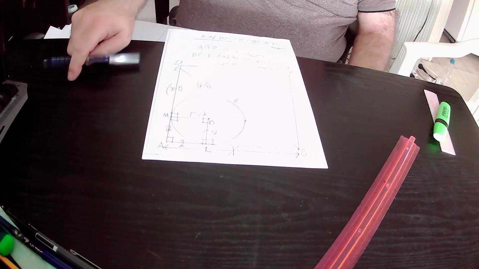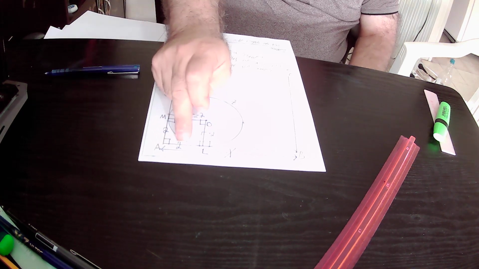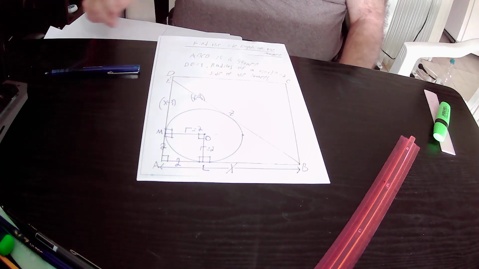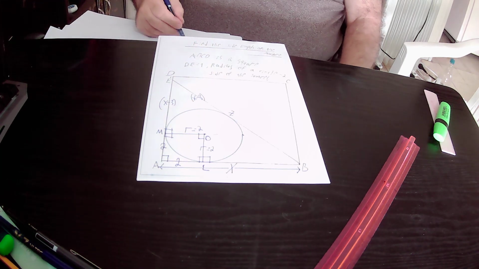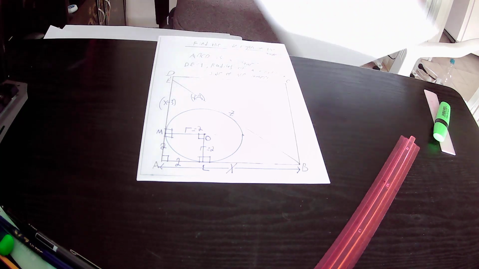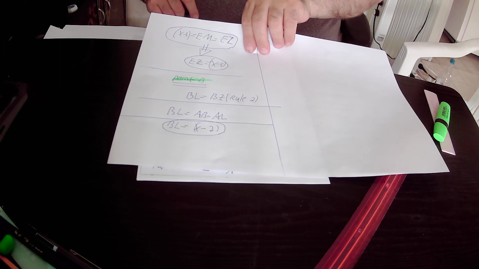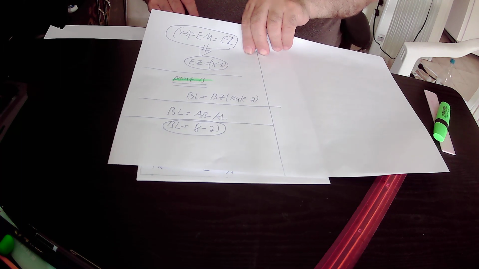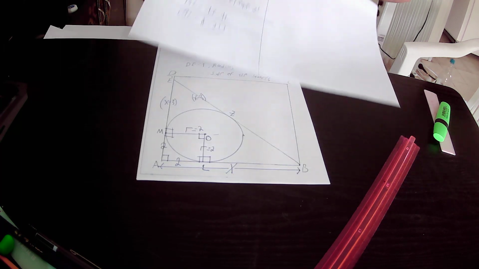We have already found out that AL equals 2 units. We substitute AL by 2 units, and in conclusion we found out that BL equals x minus 2.